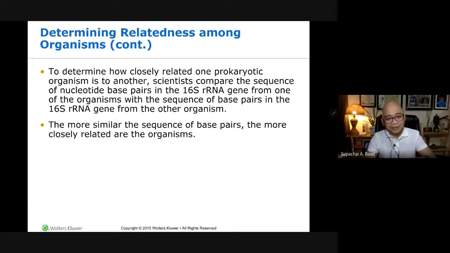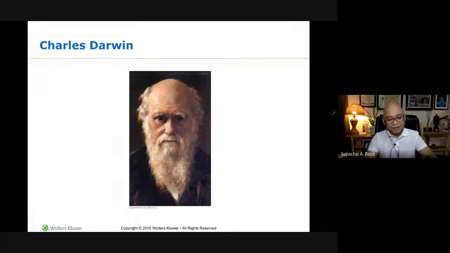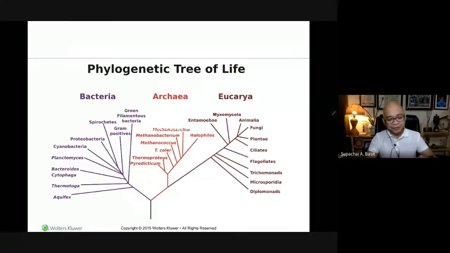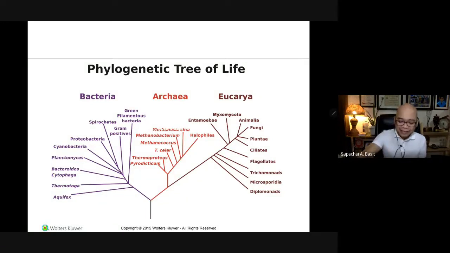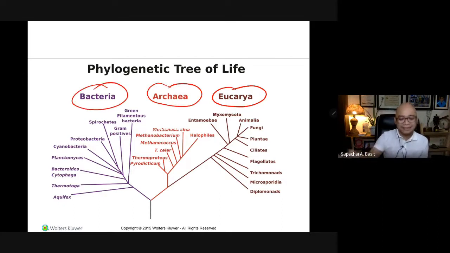By the way, this guy is Charles Darwin, and Charles Darwin is considered the father of evolution. Because of that, it is now much clearer how these organisms are related to one another. Because of the three domains, we can say that eukarya is more related to archaea as compared to the bacteria.